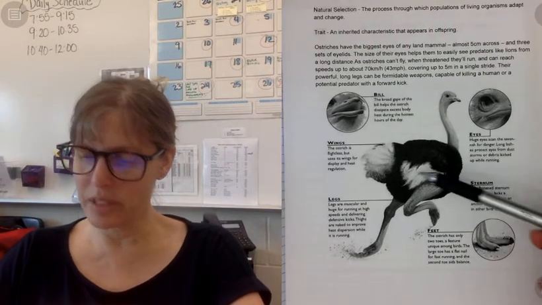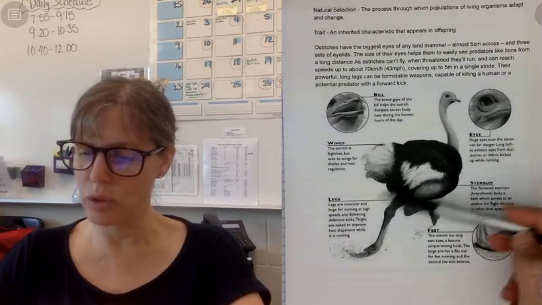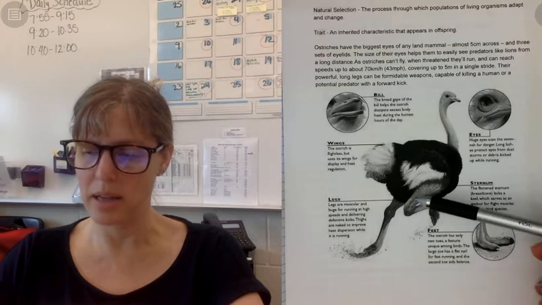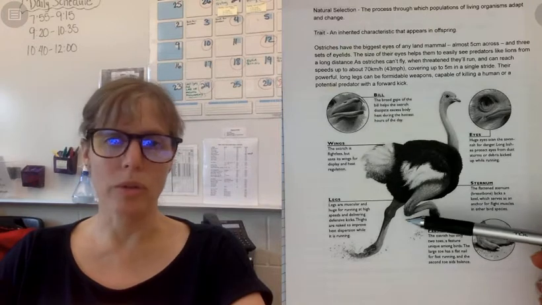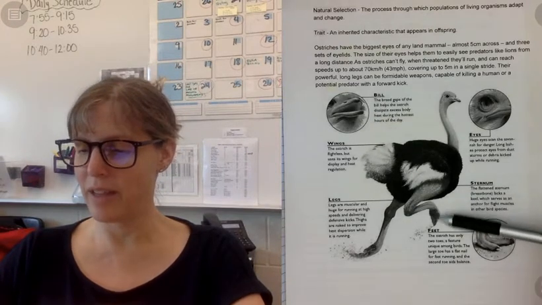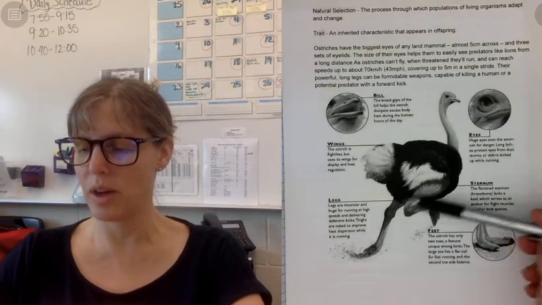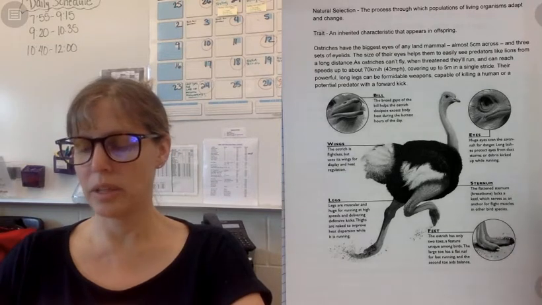It has different size legs, and the legs are really huge for running at high speeds and developing defensive kicks. And they're bare, right? They don't have any feathers on them, so it's to keep them cool while the ostrich is running. So the legs are really important.